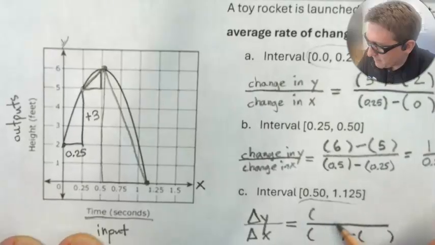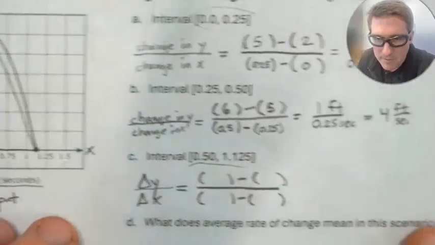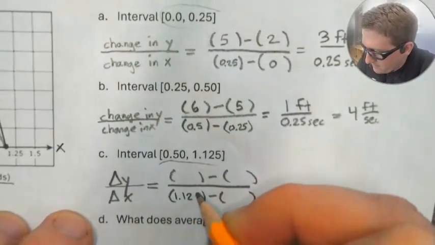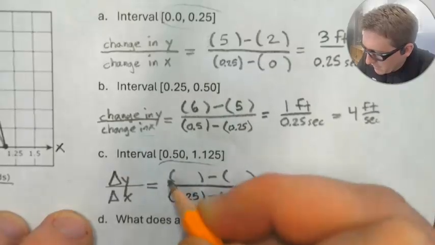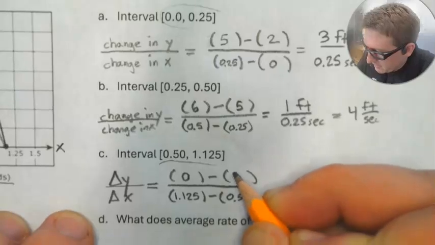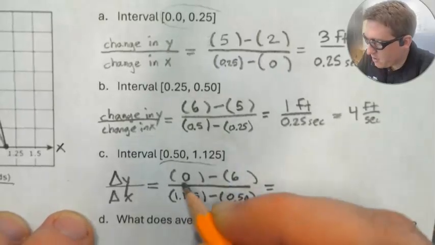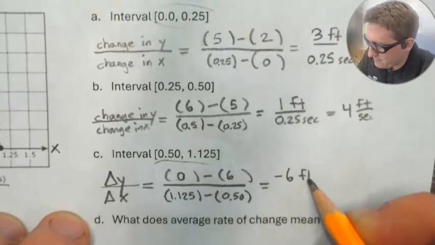Notice I am setting myself up for success. I know there's going to be 4 numbers that I'm going to be comparing, right? On the one hand, I'm going to have 1.125, and I'm going to have 0.50. I'm going to have 0 here, and I'm going to have my original height of 6 here. Okay? So 0 minus 6, that's negative 6 feet.